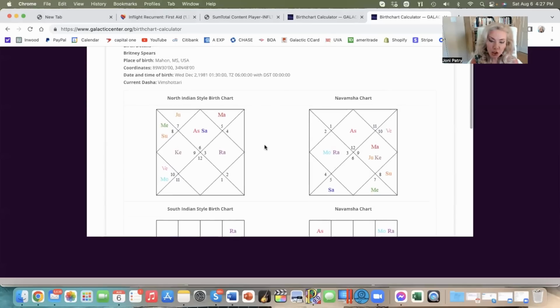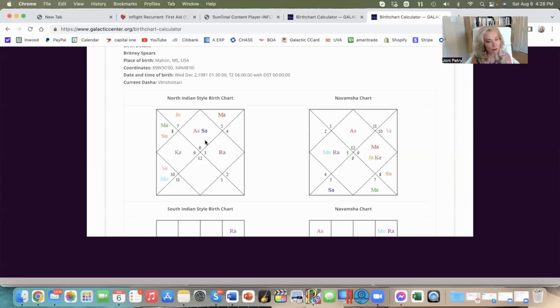But let me explain the north, because I think if you are a Western astrologer, this one is the most confusing. Why? Because these numbers are not the house numbers. They are the numbers for the signs.